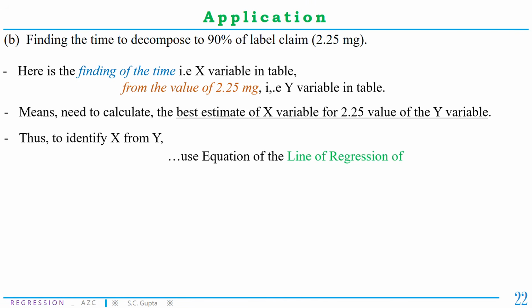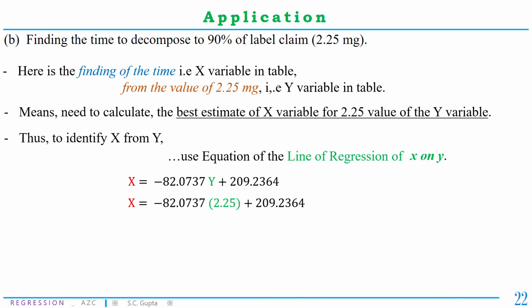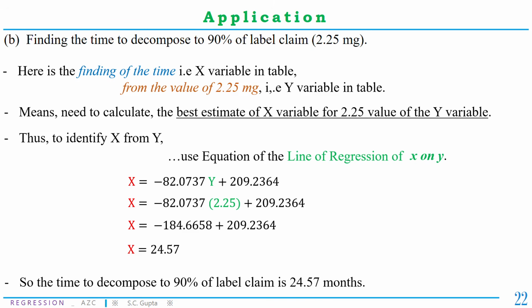Thus, to identify x from y, we have to use equation of the line of regression of x on y. Put the value of y in the equation and calculate x value. X value found is 24.57. So, the time to decompose to 90% of label claim is 24.57 months.